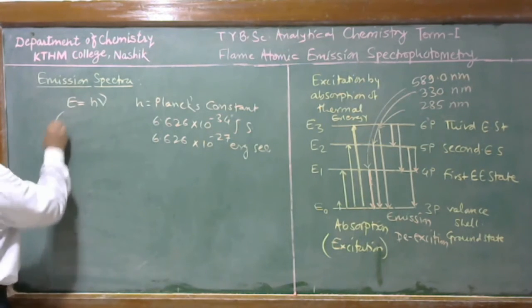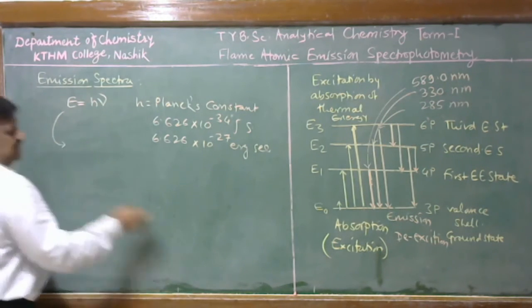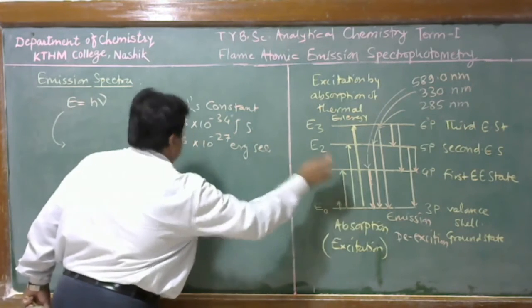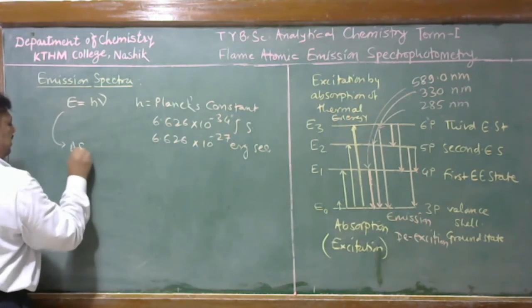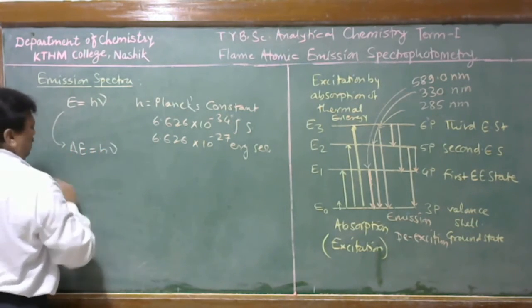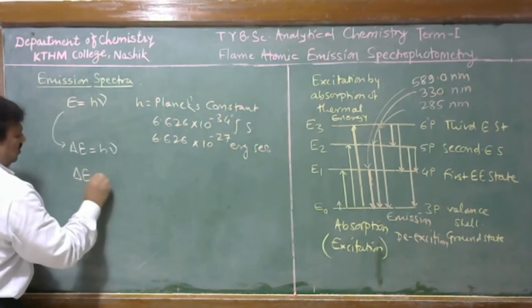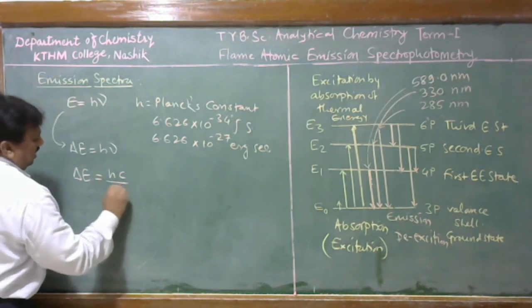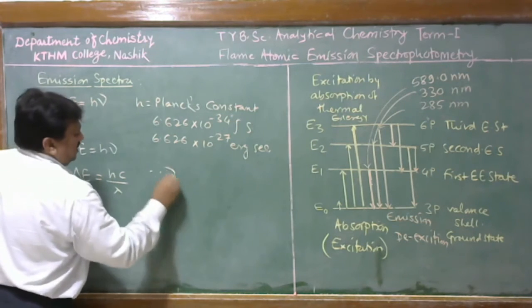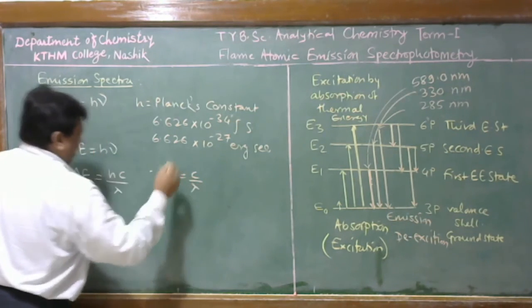Here in this equation, E means this energy gap, that is delta E. Therefore, delta E is equal to h nu, or delta E is equal to hc upon lambda, since nu is equal to c upon lambda.